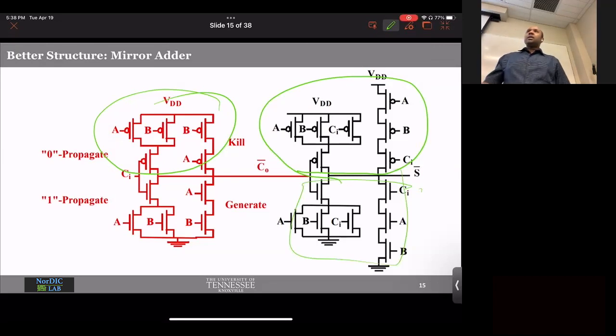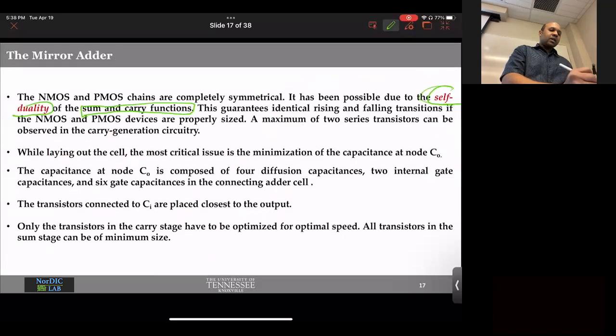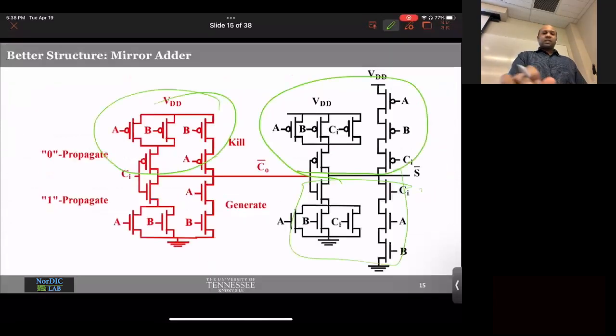Okay, got it? Any problems so far? Why have we managed to do that? Because of the self-duality of sum and carry functions. And I'll do the full computation, don't worry, and I'll upload a supplementary document, for the interest of time and especially space.